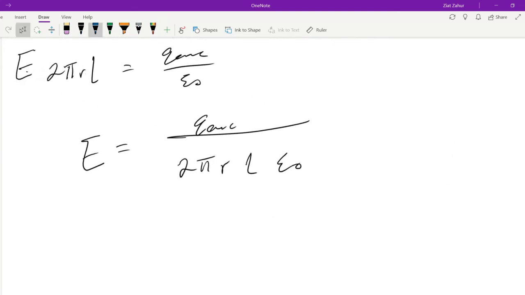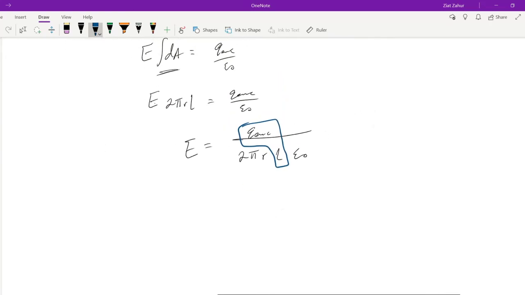And you can also rewrite it noting that you have Q divided by L. This is charge per length. What is charge per length? Well, that's linear charge density, lambda.